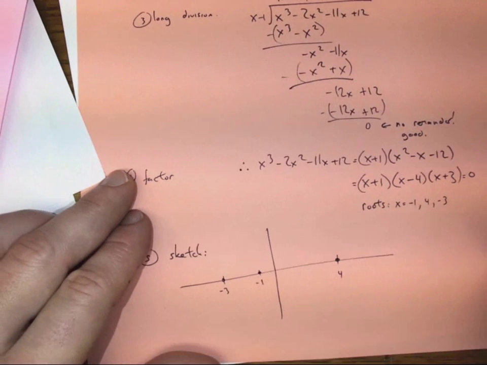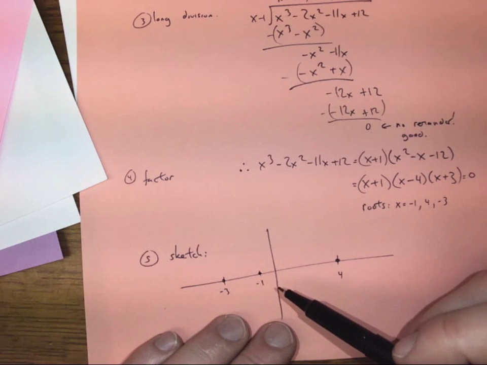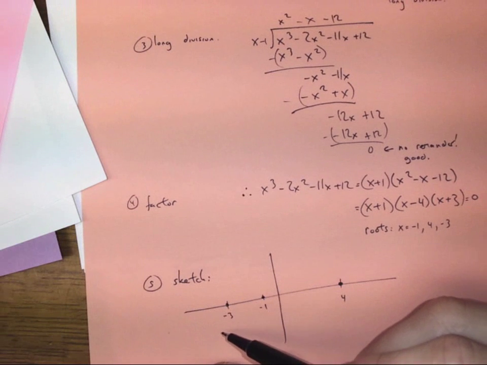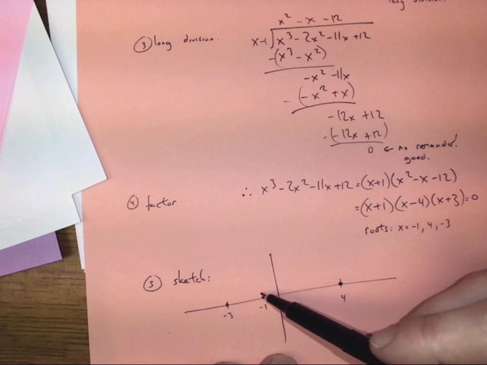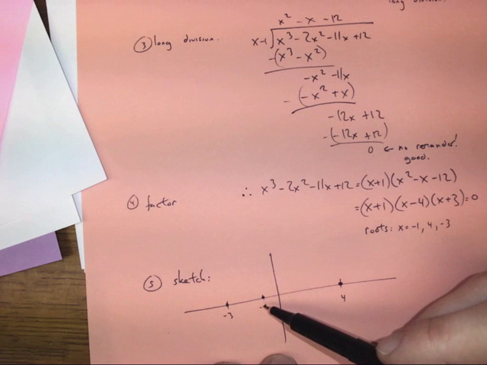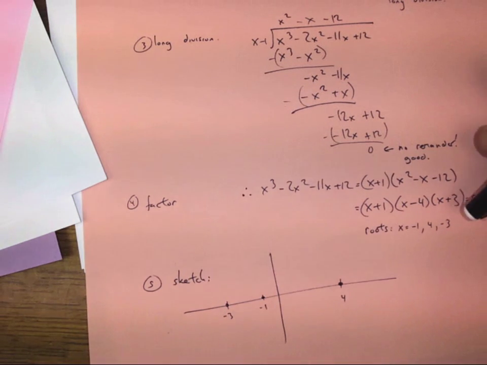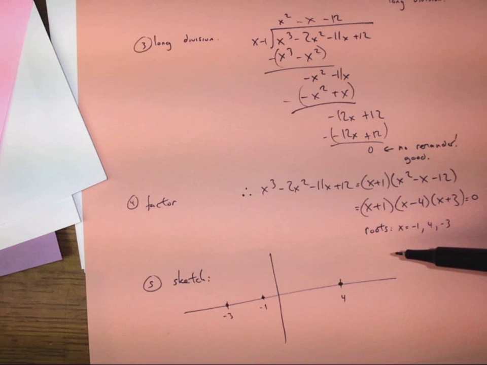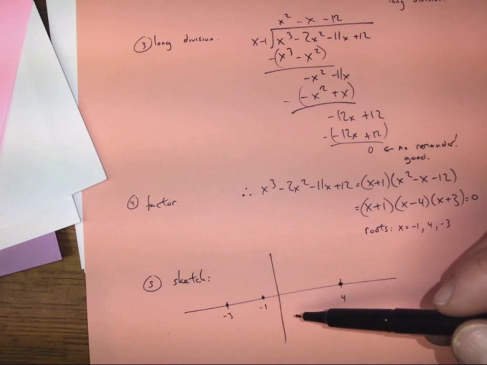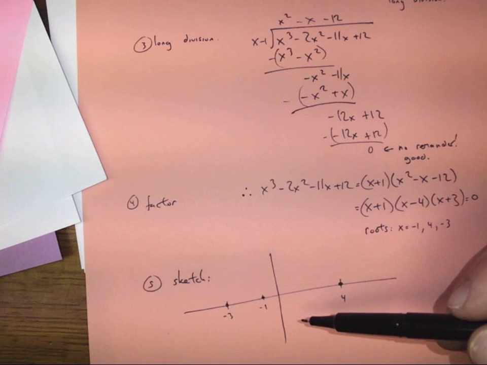And I know this is a nice polynomial graph. So I'm just going to... Wait, hang on a second. Something's not right here. Something isn't right. Because I want to get a negative y-intercept.